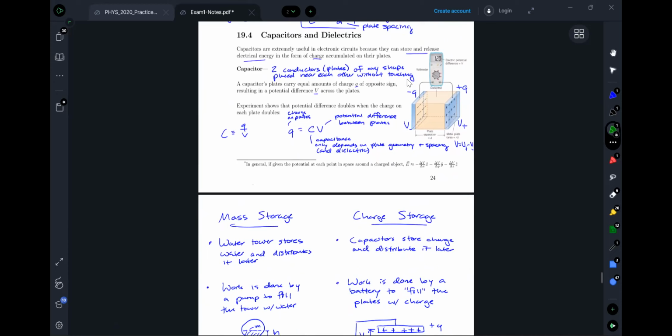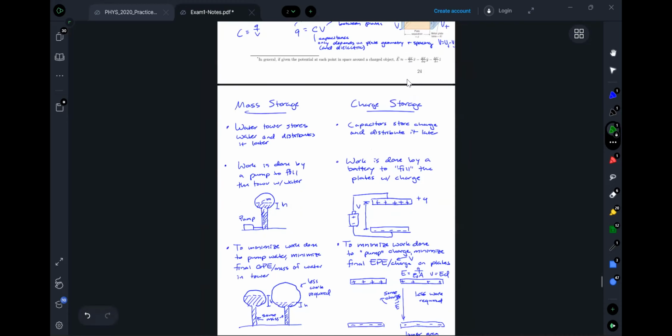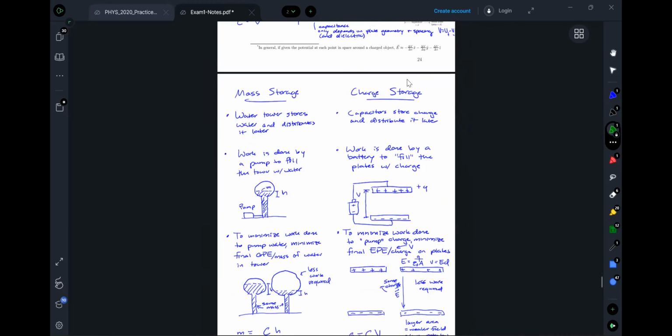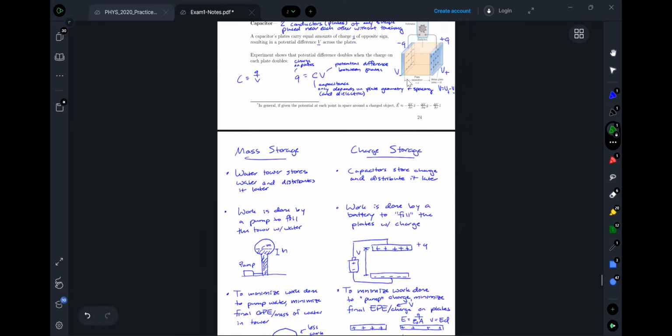So that's what we found out from the quiz today, or going over it, is that these things are related, but like with the water tower, how much water is in there and what height it goes up to are determined by the water tower's geometry. Just like how much charge is on these plates and the potential difference across them is determined by the capacitance of the plates, not the other way around.